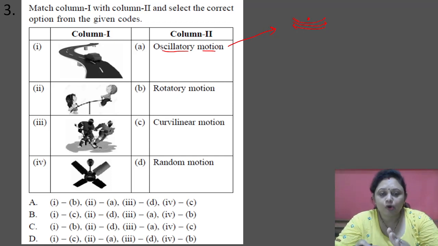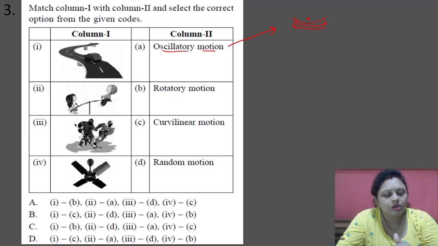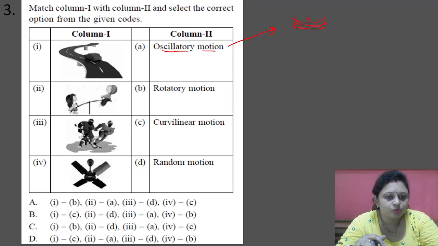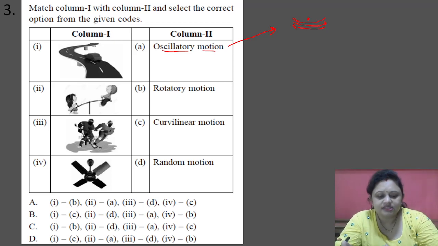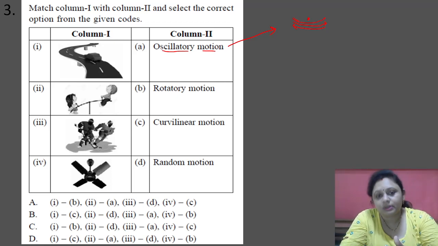When a body rotates about its own axis, it is known as rotatory motion. Coming to the next one, curvilinear motion is the motion of an object around a curved path. The last one is random motion. As the name suggests, in this motion the objects do not have any specific path.